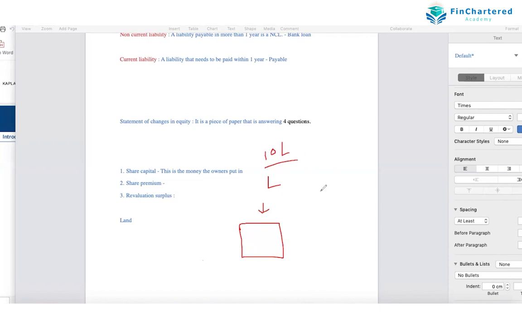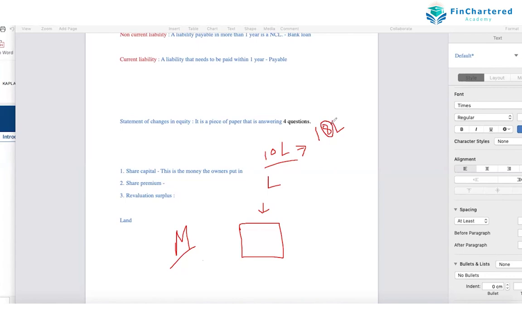After 8 months, a very big mall was constructed in front of my land, because of which the value of the land changed. There was a new value, a revaluation. The value increased from 10 lakhs to 18 lakhs. So you see, there is a surplus of 8 lakhs. 8 lakhs extra value I have now.